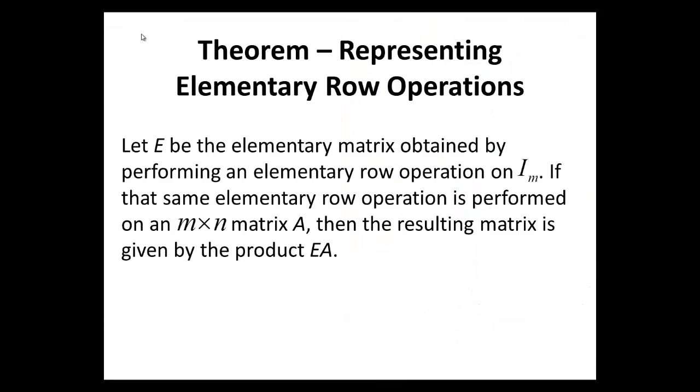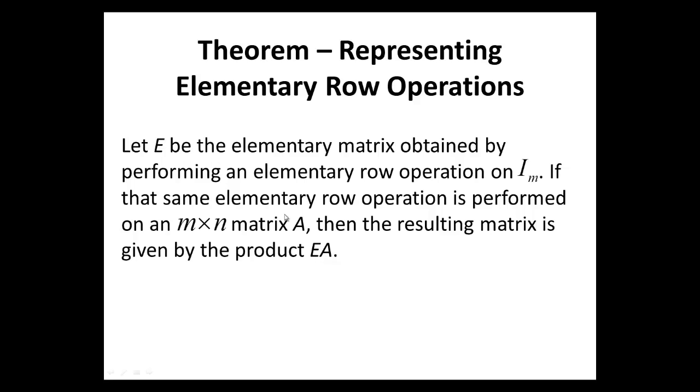Theorem representing elementary row operations. Let E be the elementary matrix obtained by performing an elementary row operation on the identity matrix Im. If that same elementary row operation is performed on an n by n matrix A, then the resulting matrix is given by the product EA, what I just showed you a few seconds ago.